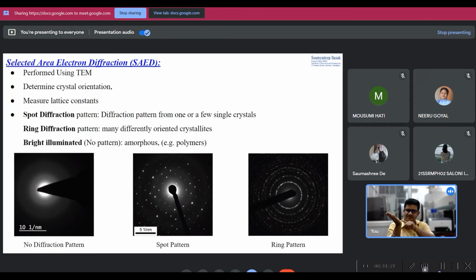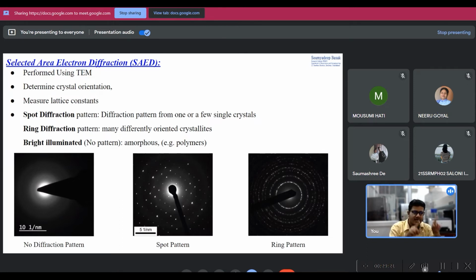So these diffracted electron beams meet at regular points, and these points are the spots. Depending upon the crystal arrangement of the atoms, we find this regularity of spots.